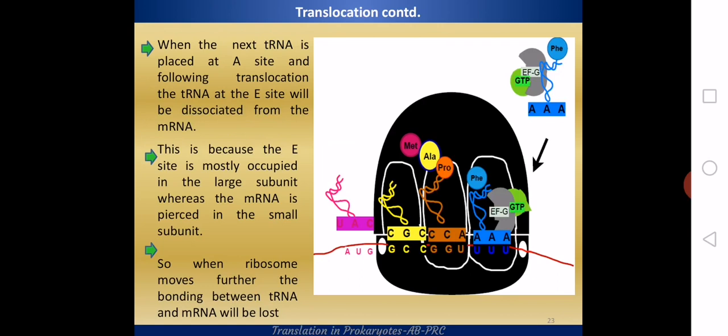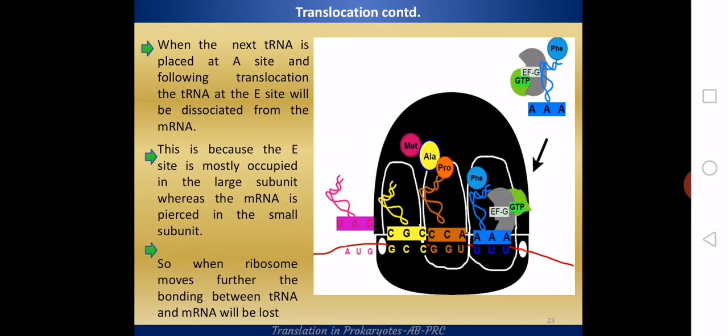the tRNA at the E site has to dissociate. This happens because the E site of the ribosome is mostly in the large subunit, whereas the mRNA is usually entering in the 30S subunit. There is a small orifice through which the mRNA is moving within the 30S subunit.